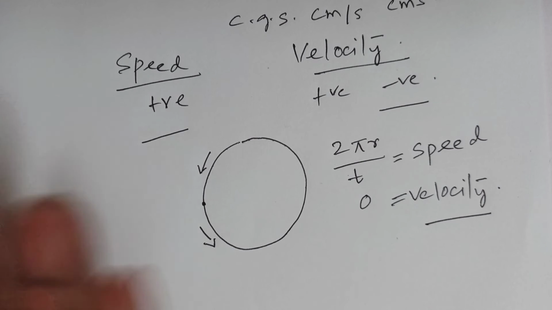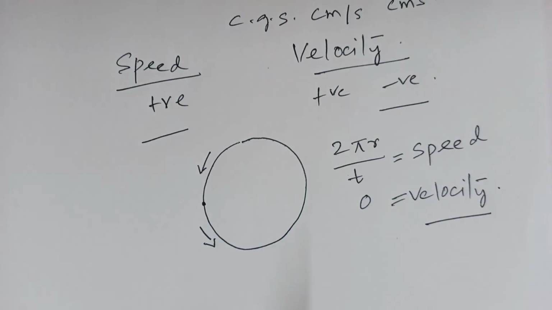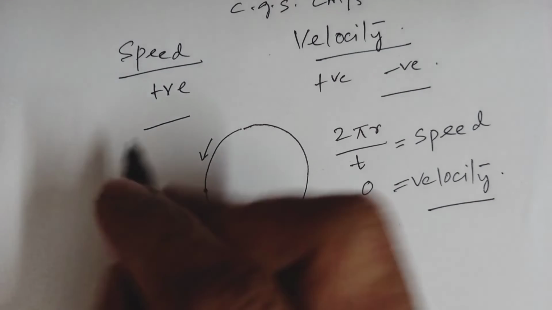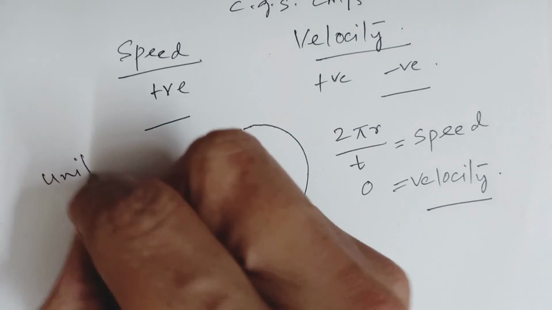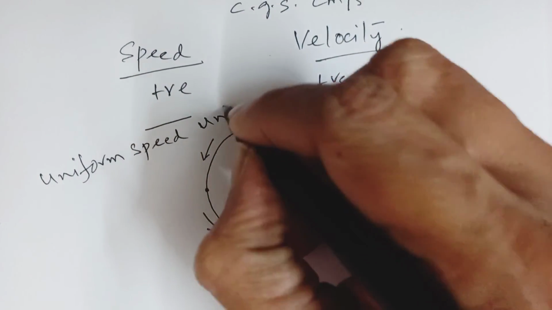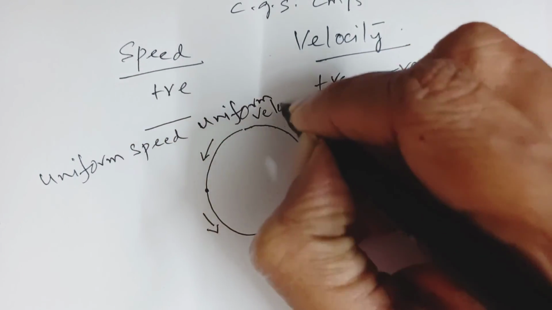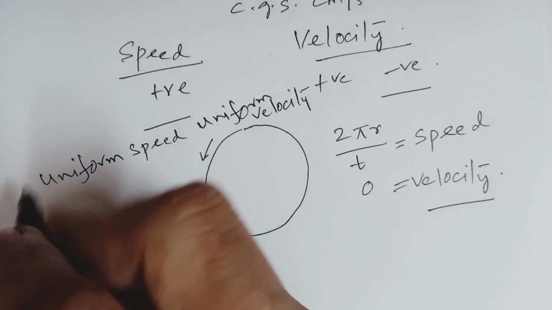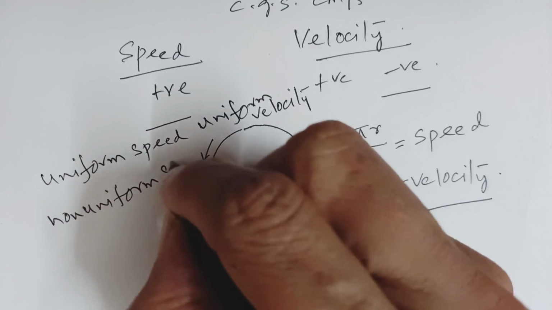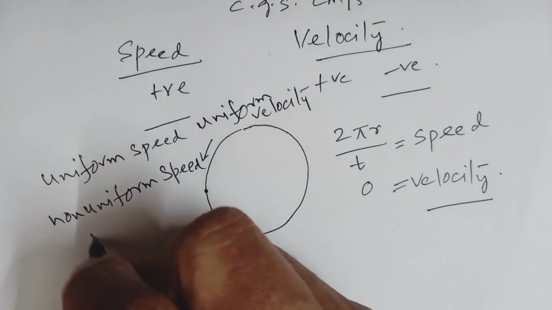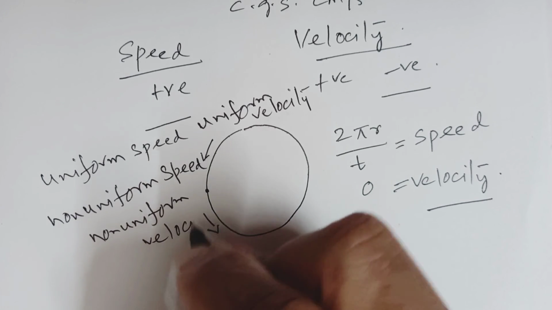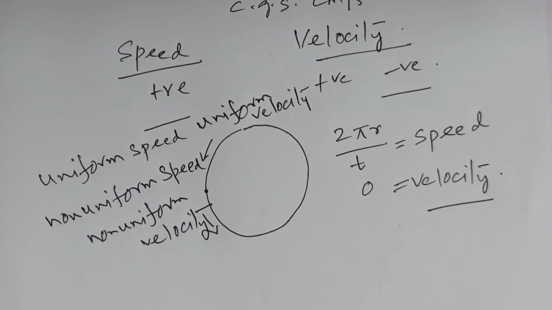Now, this is a basic introduction of speed and velocity. And in my next video, I will cover uniform speed, then uniform velocity, then non-uniform speed, and non-uniform velocity, or we can call it variable velocity.